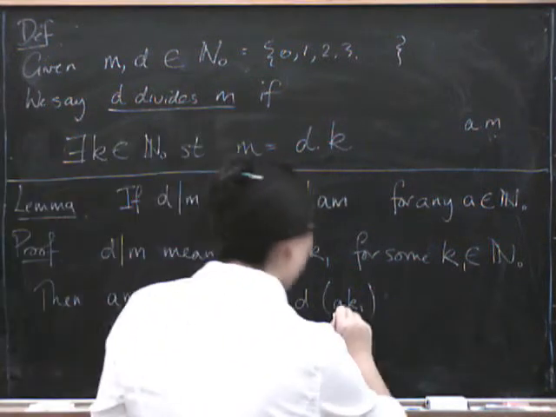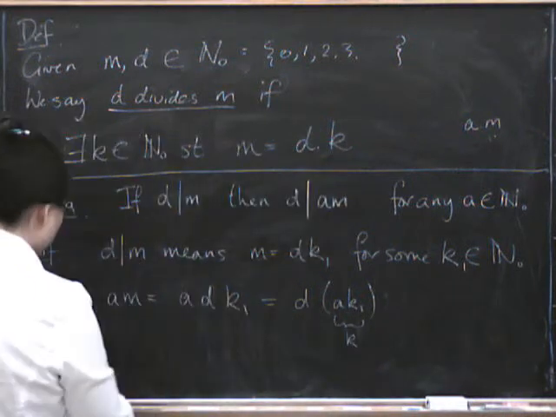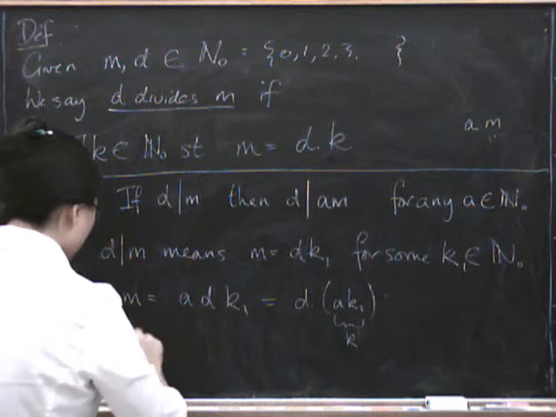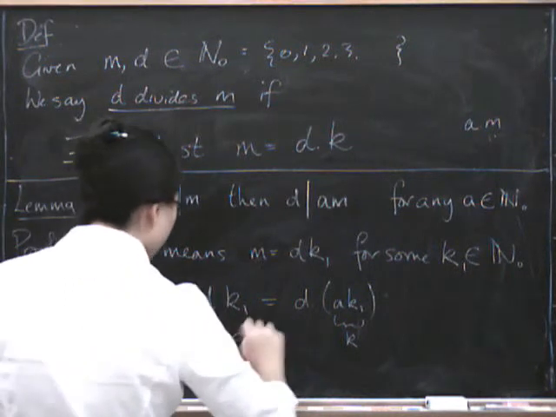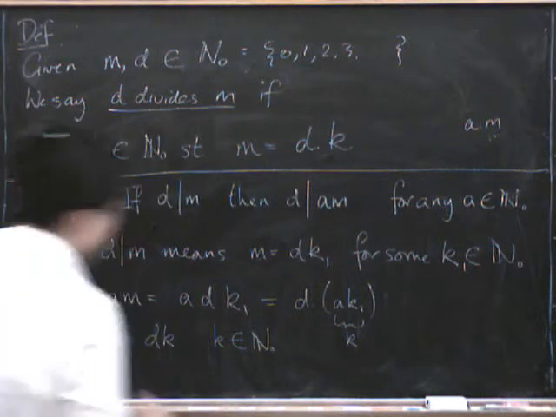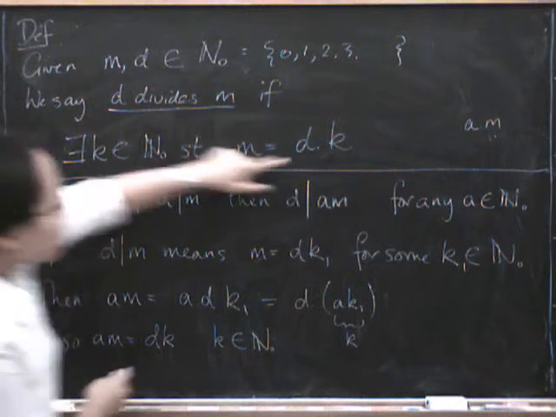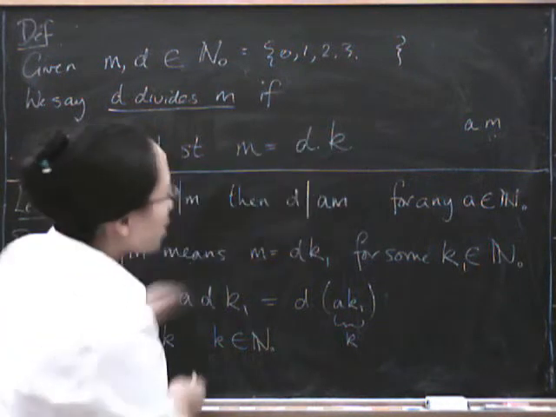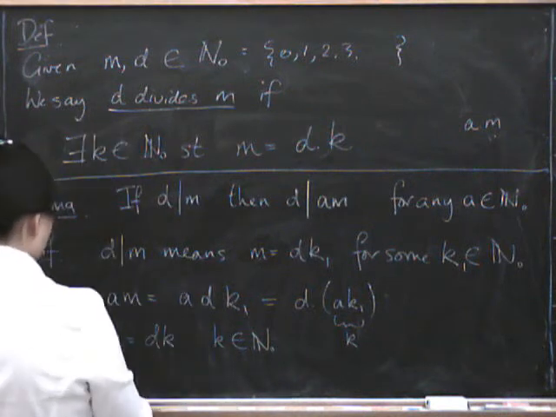So if we call this part k, then am equals dk. And k is certainly a natural number, because a times k1 must be a natural number. So we're done, right? Because we've got am in the form d times k. So that means that d divides am.